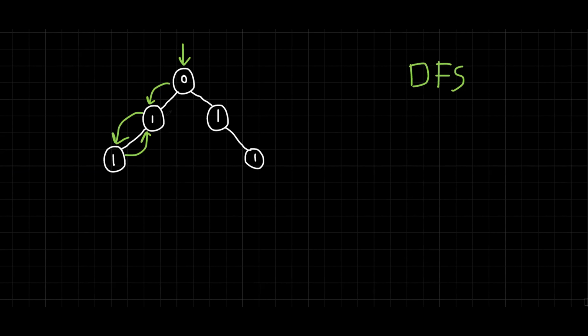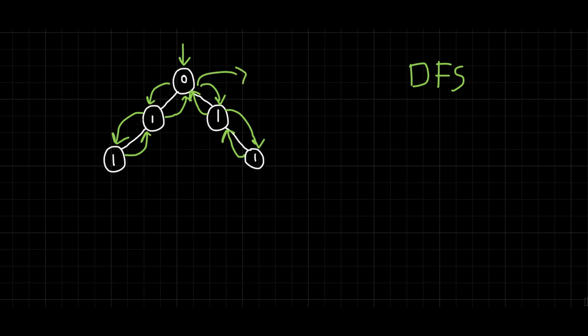Now, from 1, we will get back to 0. From 0, we will get back to 1. From 1, we will get back to this 1. And as this 1 is a leaf node, but the value is 1, we will return the node 1 itself. From 1, we will again get back to 0, and from 0, we will return.